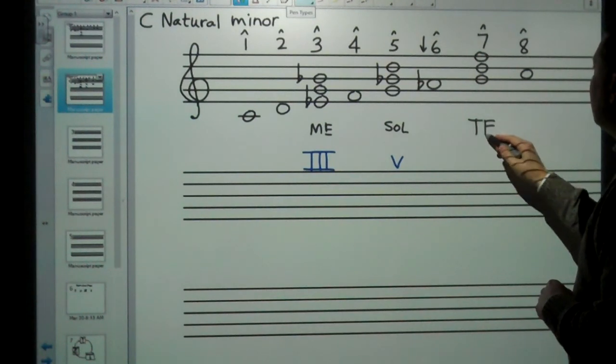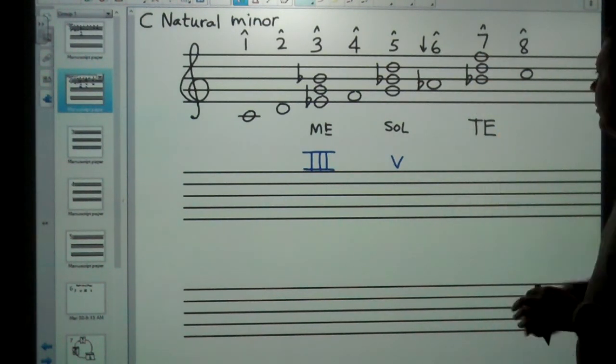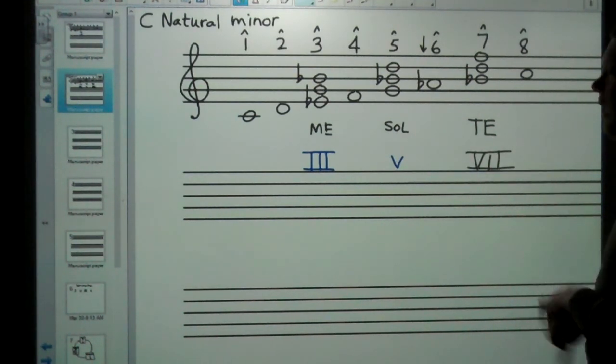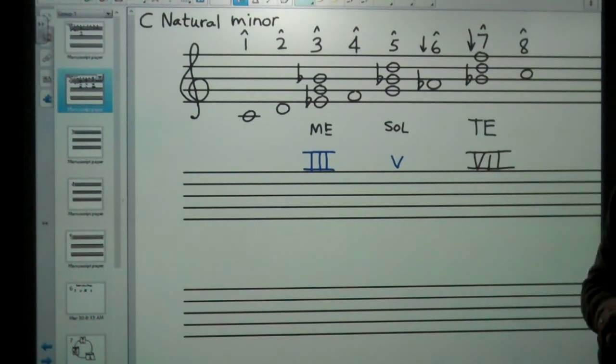And in terms of aural skills, that note is te, or lowered scale degree 7. And because I've lowered the root, I now have a major triad, B flat, D, and F. Again, the capital 7 chord is rare, not found very often in music, but we're going to learn a little bit how it is used.